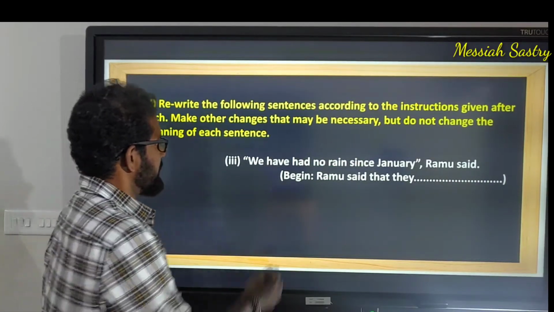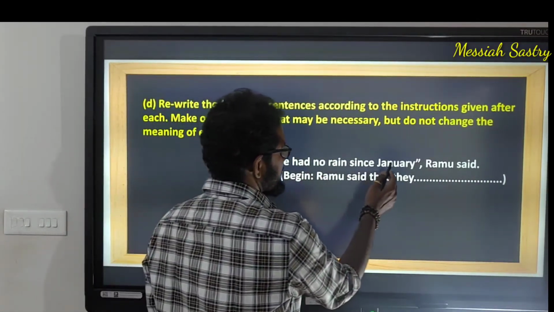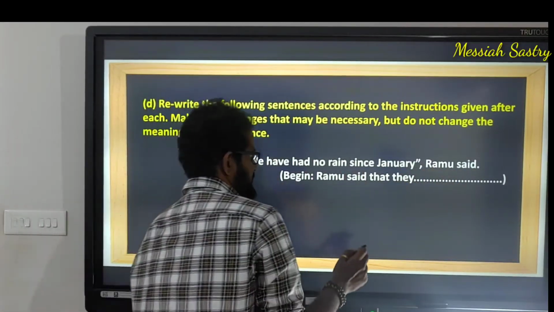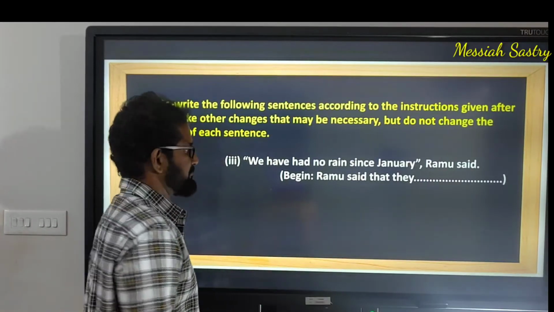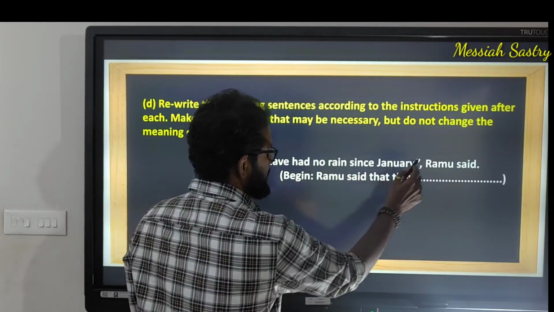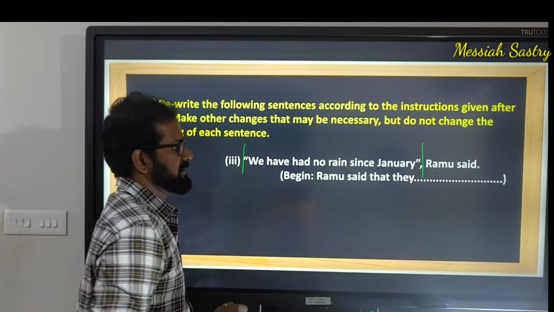Third question. We have had no rain since January, Ramu said. This is direct speech, and we are asked to write indirect speech. We have had no rain since January is the reported clause.